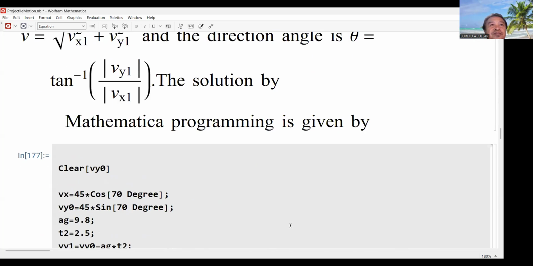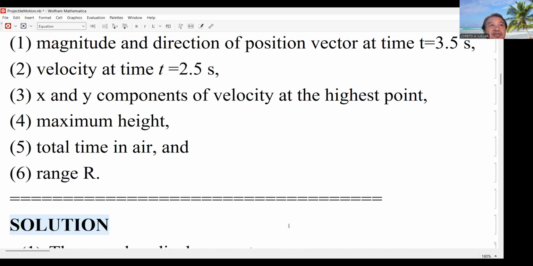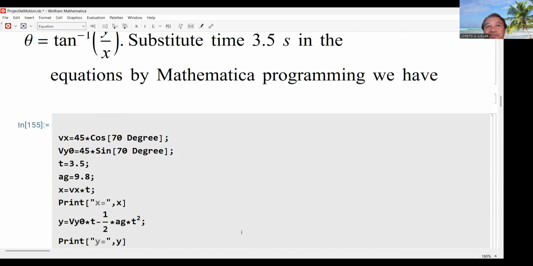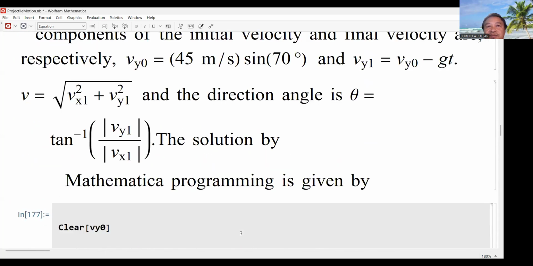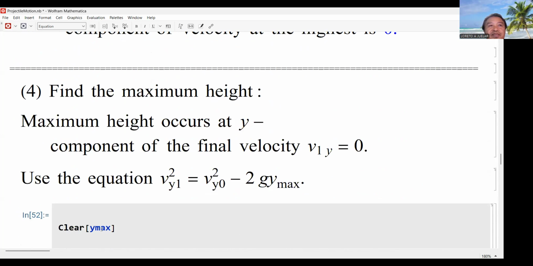All right. So problem number 4: what is the maximum height? So find the maximum height, no? The maximum height occurs where the y component of the final velocity is equal to 0. So that is the location, no?